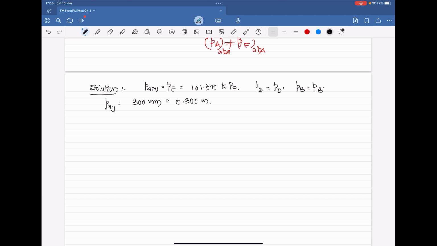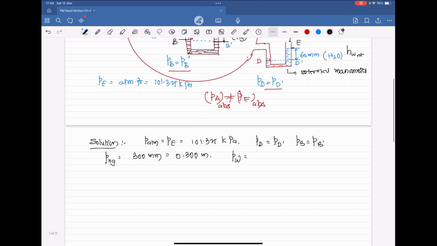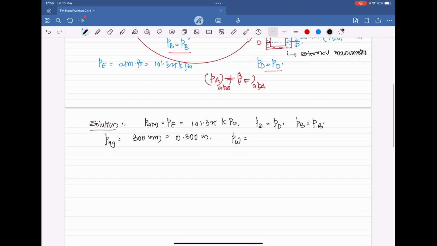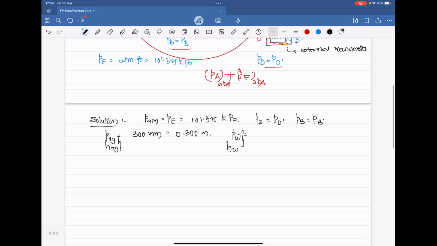We have to convert everything into SI units. Then PW in terms of H water, I can say, how much? 60 mm, that is 0.060 meter.